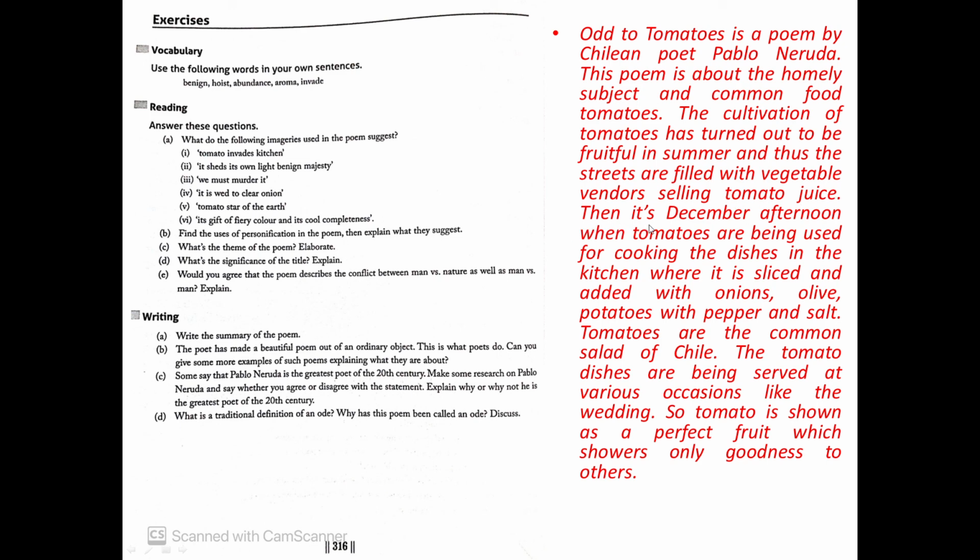Then it is December afternoon when tomatoes are being used for cooking the dishes in the kitchen, where it is sliced and added with onions, olive, potatoes, and pepper and salt. Tomatoes are the common salad of Chile. The tomato dishes are being served at the various occasions like the wedding. So tomato is shown as perfect food which shares only goodness to others.